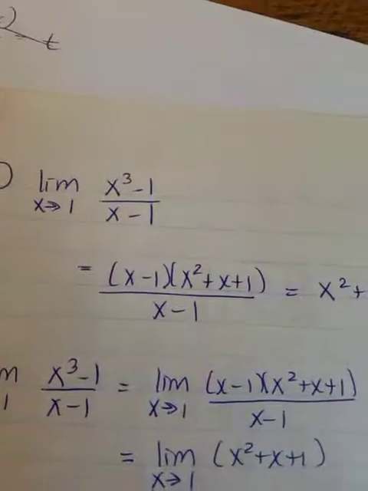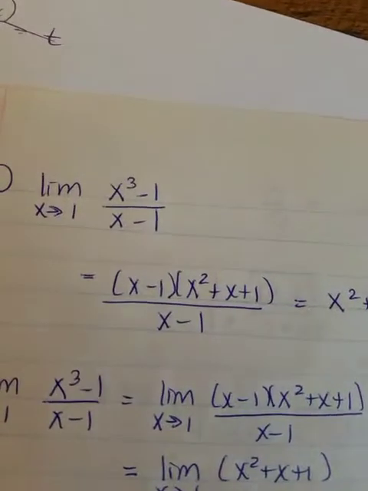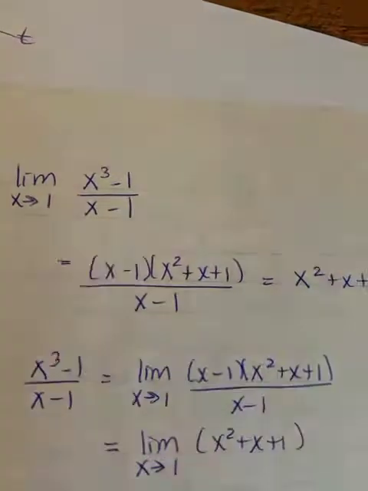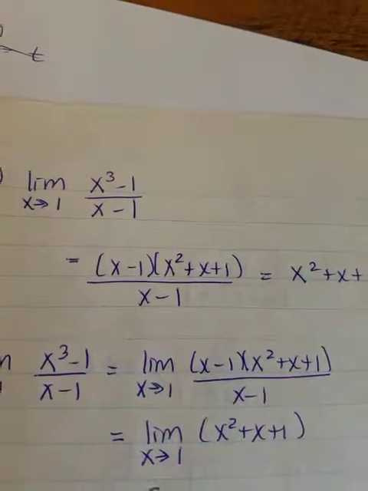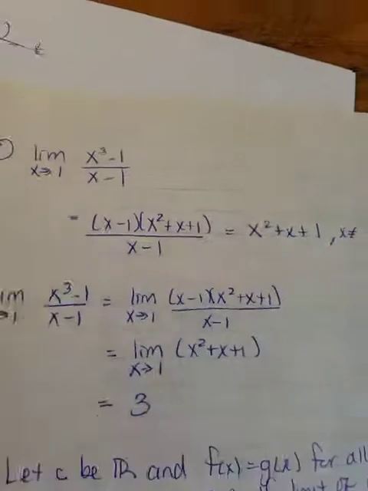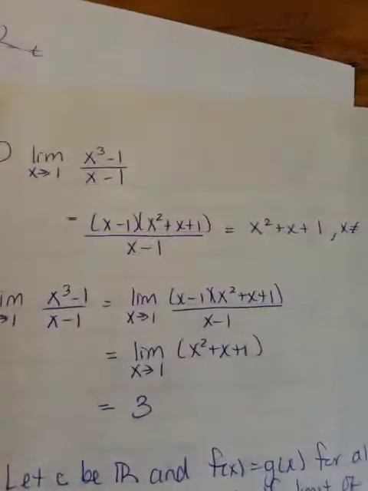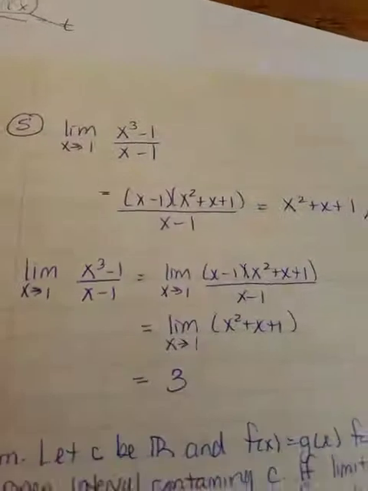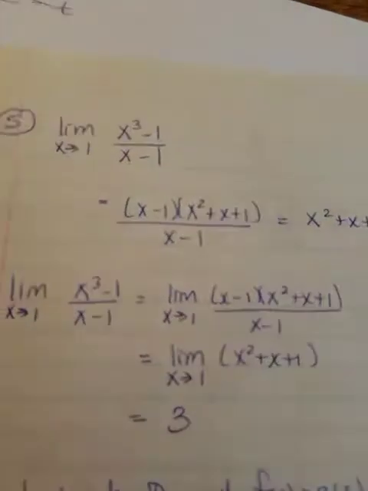All right, so this is a situation here. The limit of x cubed minus 1 over x minus 1 as x approaches 1. In this case, if we took the approach of just substituting in, we would get a 0 in the denominator. And this is similar to the first one on that computer-generated packet that I had over there.